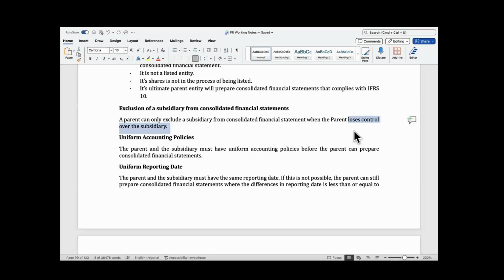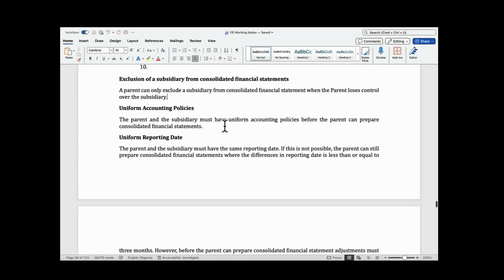They would just exclude the subsidiary for no genuine reason, probably because they had seen that the subsidiary is loss making, or has a lot of liabilities, and they don't want to be a party to that. But that's not possible again, because you can only exclude a subsidiary when you have lost control of it. That needs to be noted.